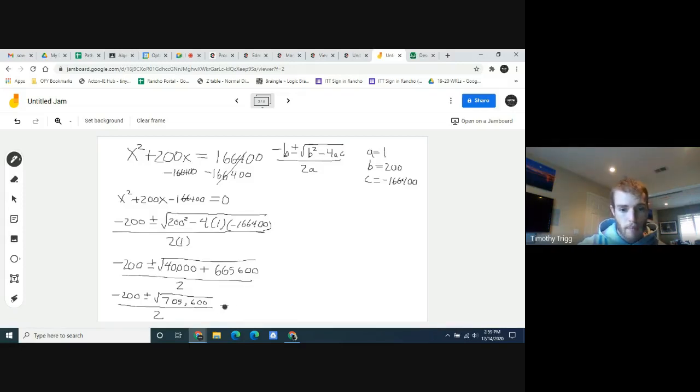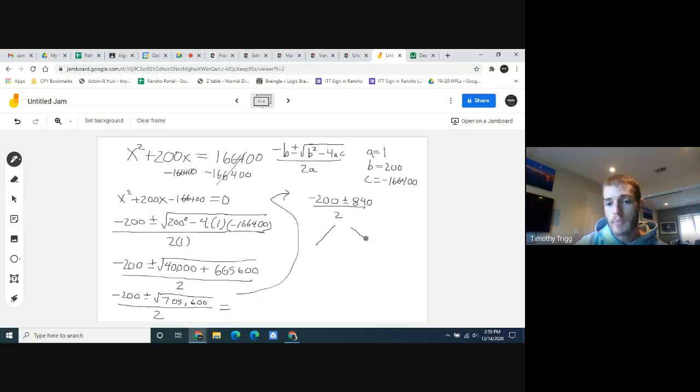So this becomes negative 200 plus or minus the square root of this, which on our calculator came out to 840, divided by 2. So notice this came out clean, like there's no square root attached anymore.